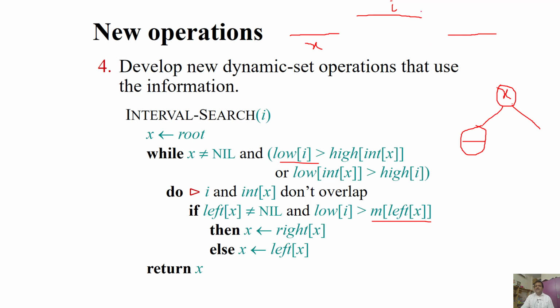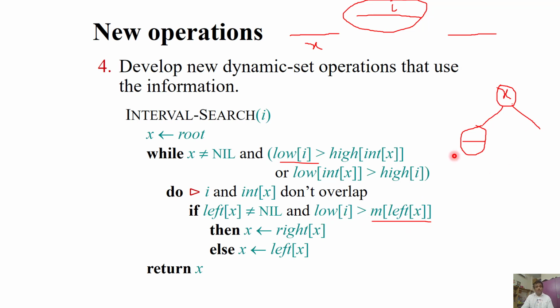Now, if the low value of the given interval I is greater than the max of left of x, that means there is no interval over here which can overlap with I, because the maximum value of this is less than low of I.